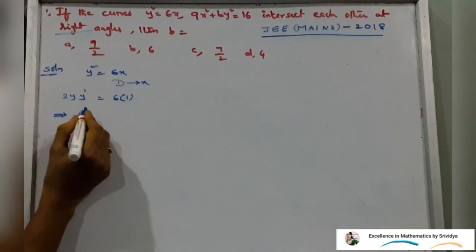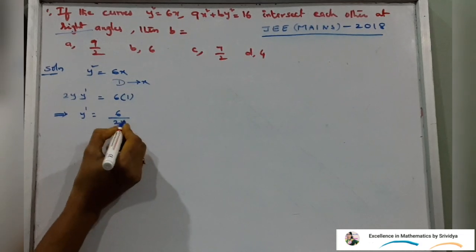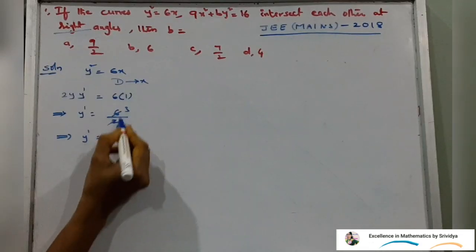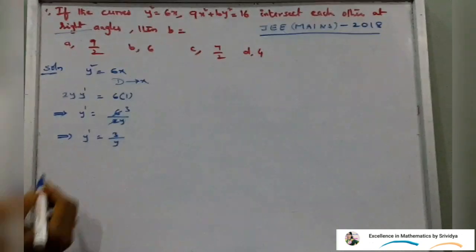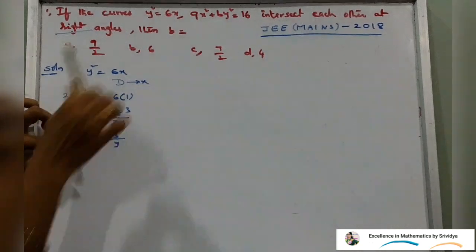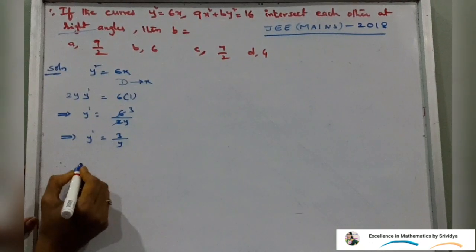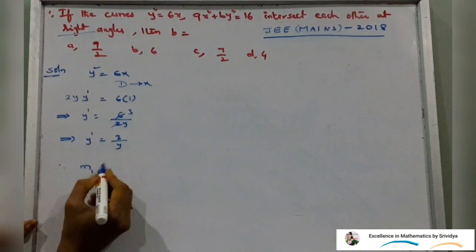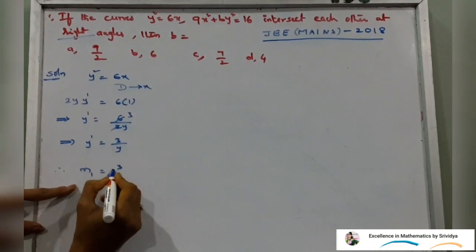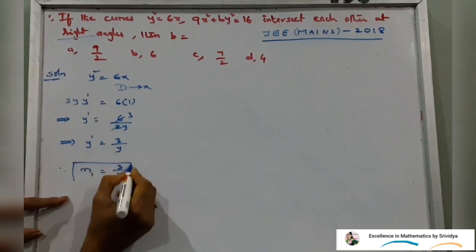From this, y dash is equal to 6 by 2y, which implies y dash is equal to 3 by y. Therefore, y dash, dy by dx, is the slope of the first curve. Slope is denoted by m. Slope of first curve is m1, and m1 is equal to 3 by y.